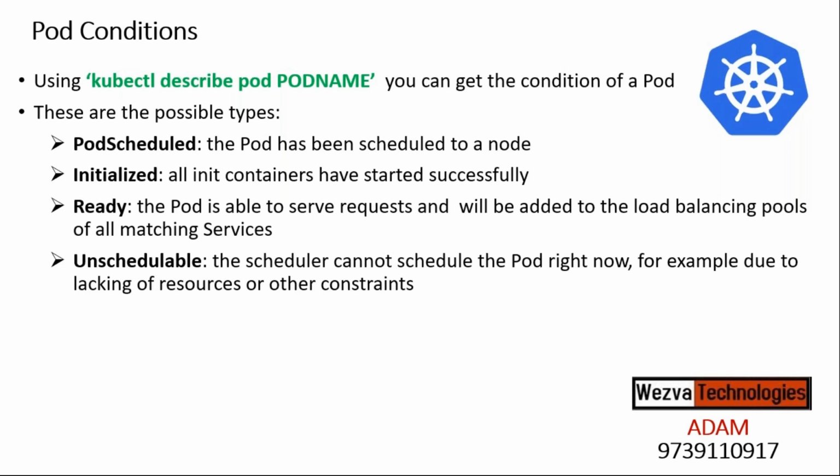So assume in your pod, if you are going to have an init container along with your main container, then in the lifecycle, first the pod will create the init container, and after completing the init container's execution, it will go to the main container.